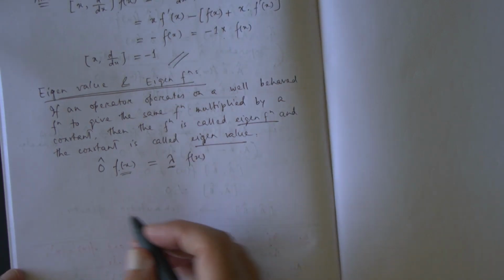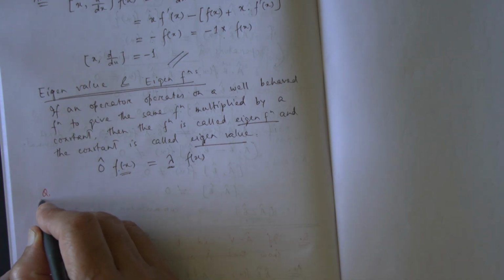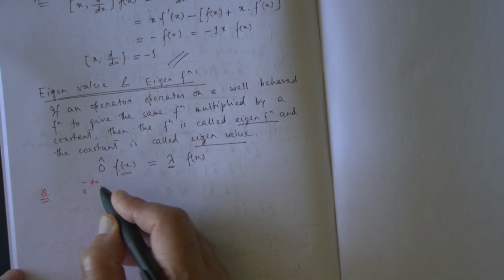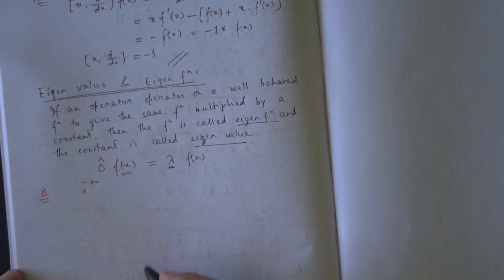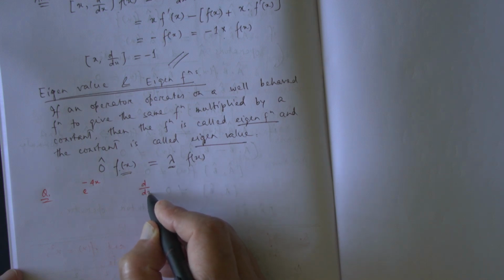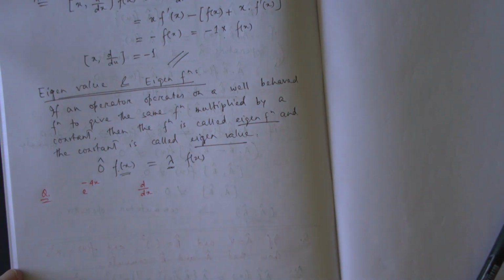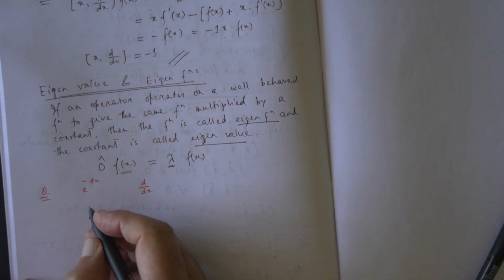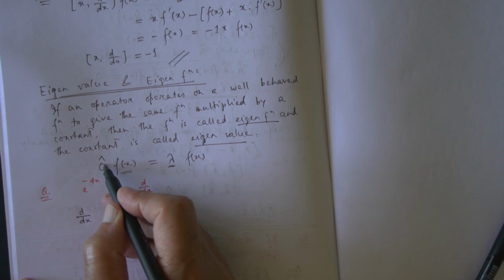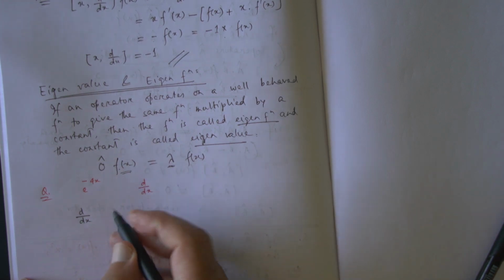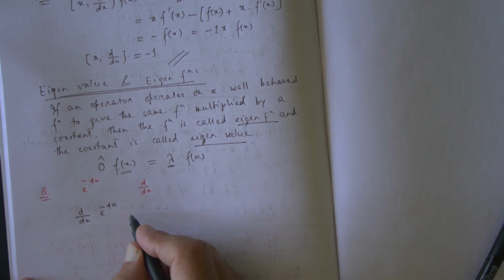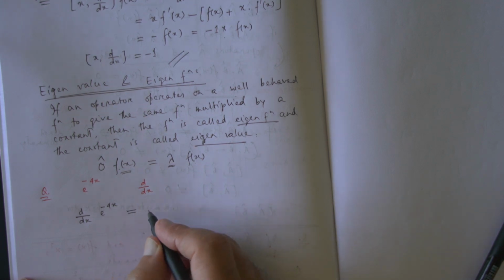Now let us see. Say we have a function like this, say e to the power minus 4x. This is the function, and the operator is d dx. So you see, if we do this operation, operator on f(x) equal to e to the power minus 4x, what do we get?